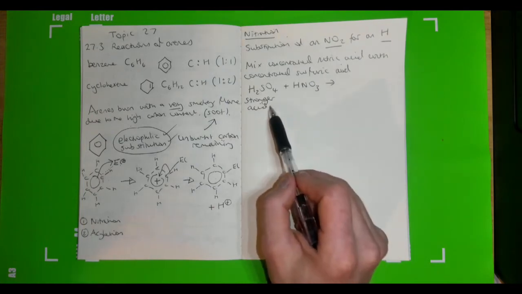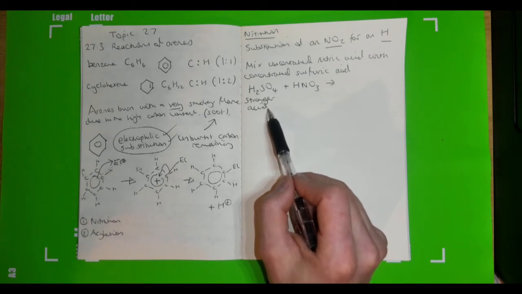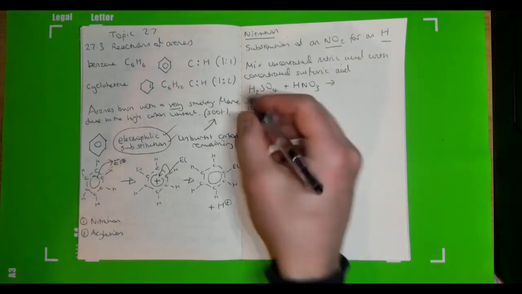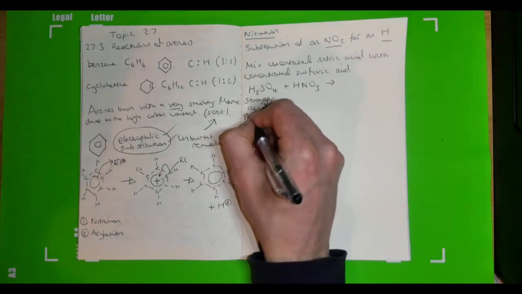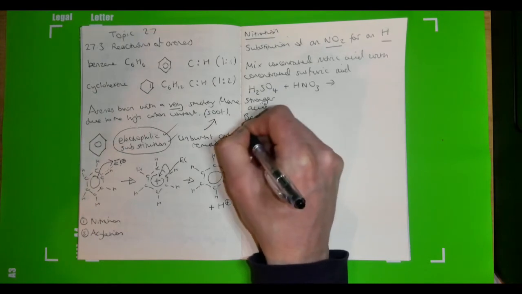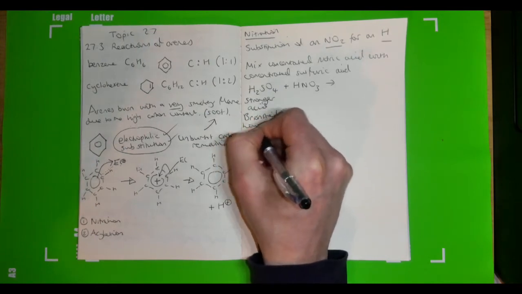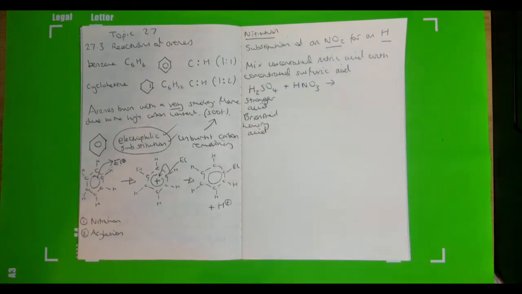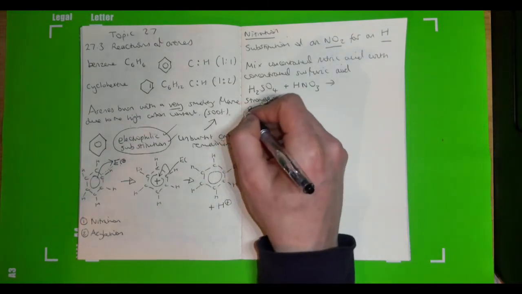Because this is a stronger acid, the sulfuric acid here acts as a Bronsted-Lowry acid, and you learn about Bronsted-Lowry acids in the acids and bases topic.